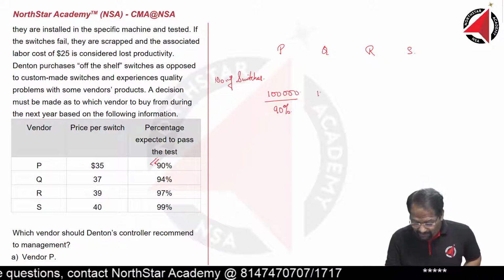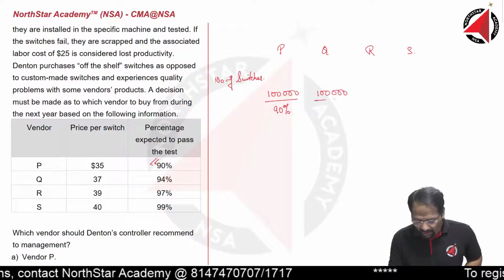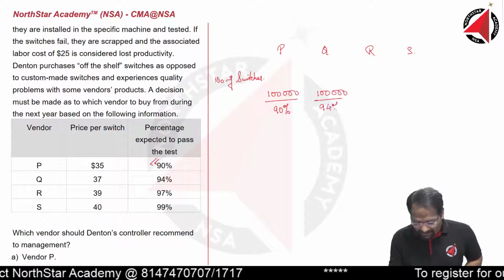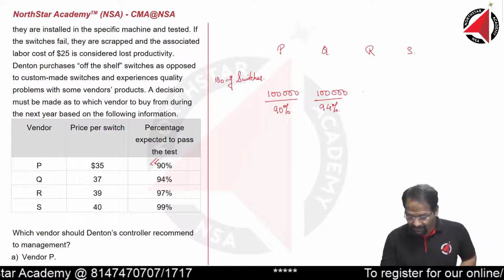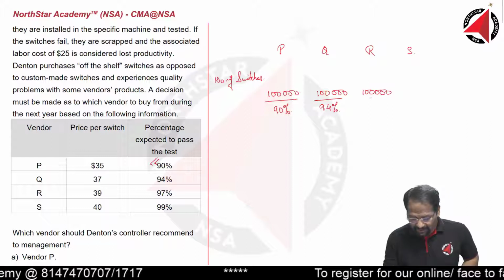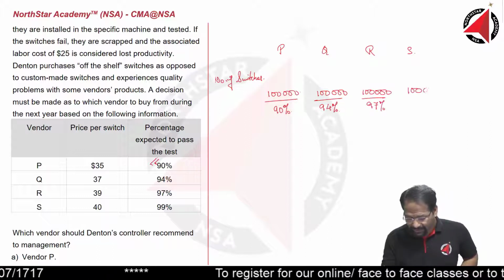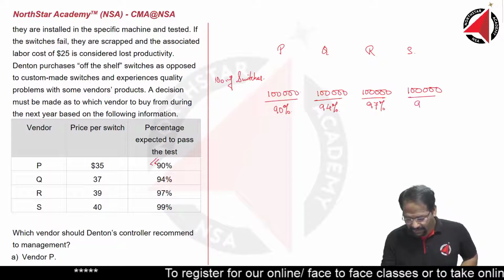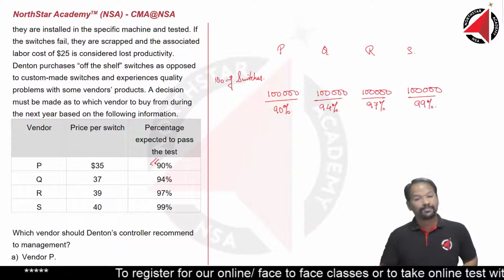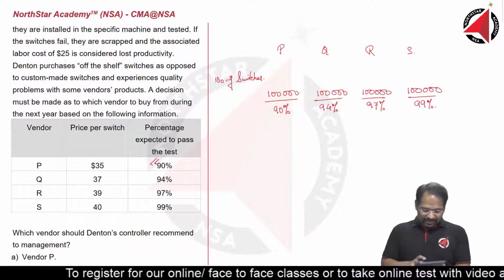Similarly, the next one will be 100,000 divided by 94%. The third will be 100,000 divided by 97%, and for S it is 100,000 divided by 99%.